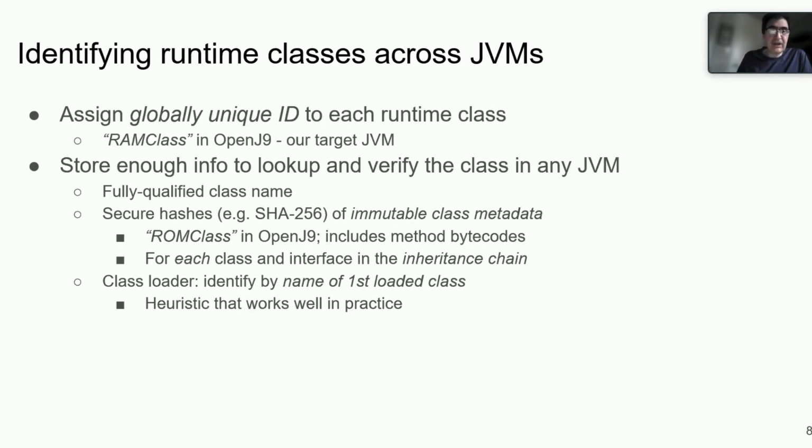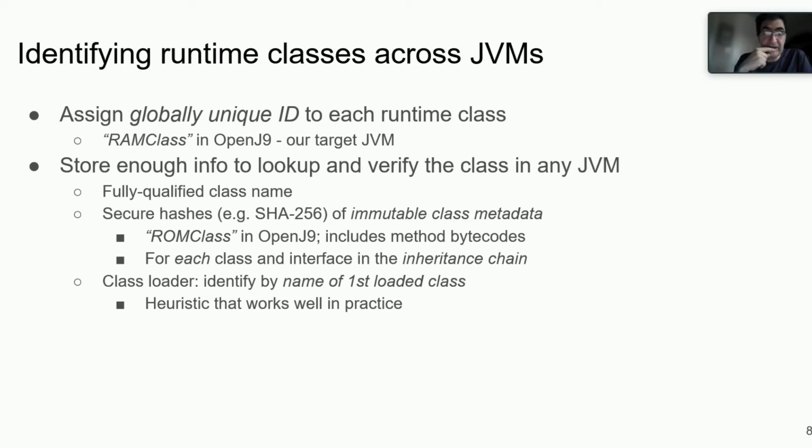So the question becomes, how can we identify classes that are equivalent? The idea here is to store enough information to look up and verify the runtime class in any JVM. Specifically, for each class, we store the fully qualified class name and a secure hash of the entire ROM class, but also any other class on the inheritance chain, including any interfaces that this class implements.